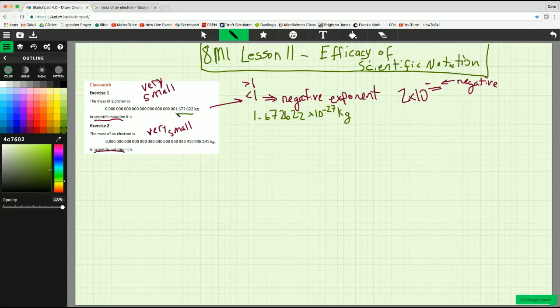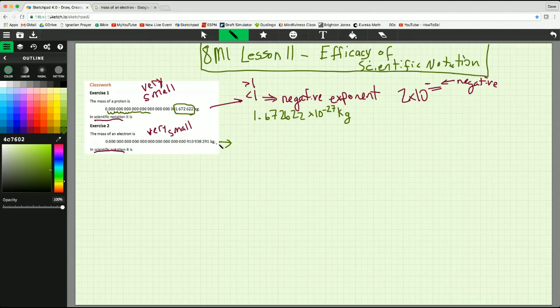The answer has to be this number here with a decimal after the first digit, and then it's how many times you move this decimal, which is going to be 27 times. And there's further explanation of that in past lectures.